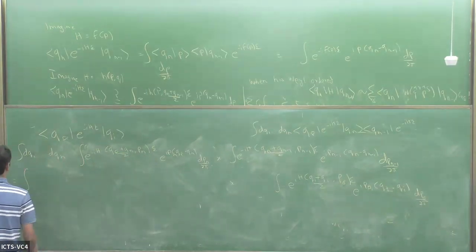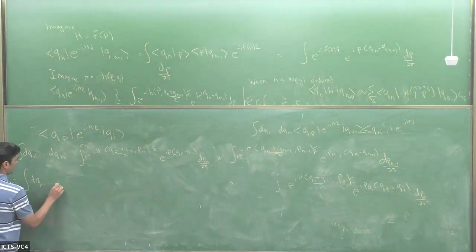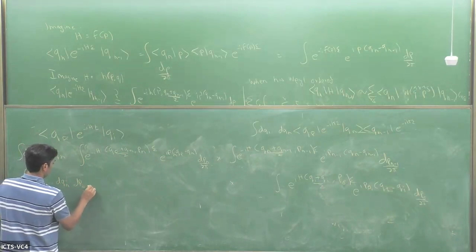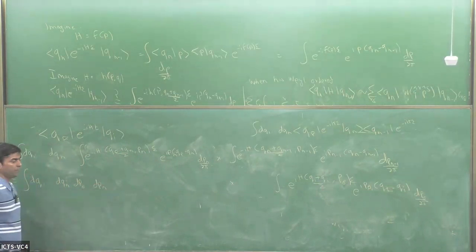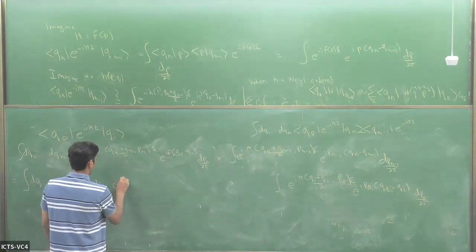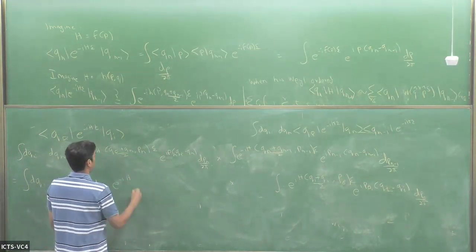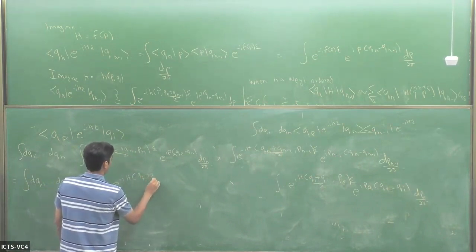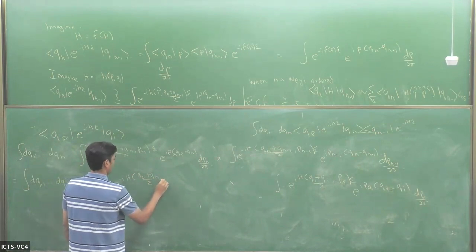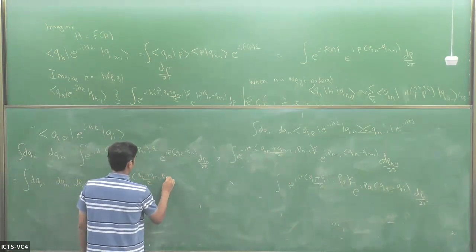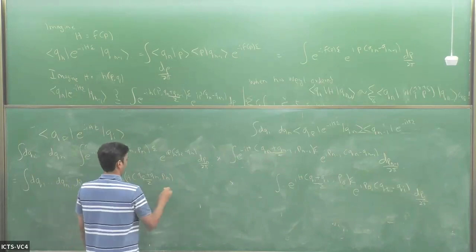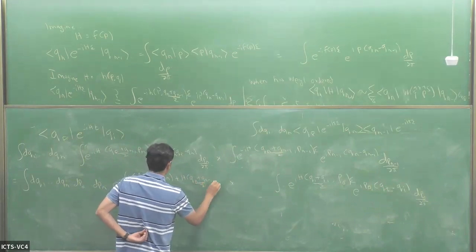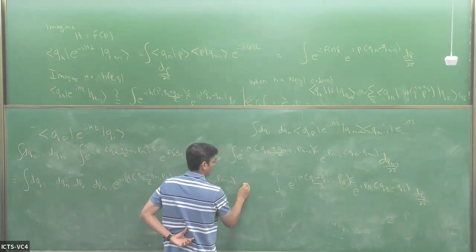So I can write it as dq1 to dqn, dp0 to dpn. And then I can write it as e to the minus iH into qf plus qn by 2 into pn, plus H into qn plus qn minus 1 by 2 into pn minus 1, and so on.